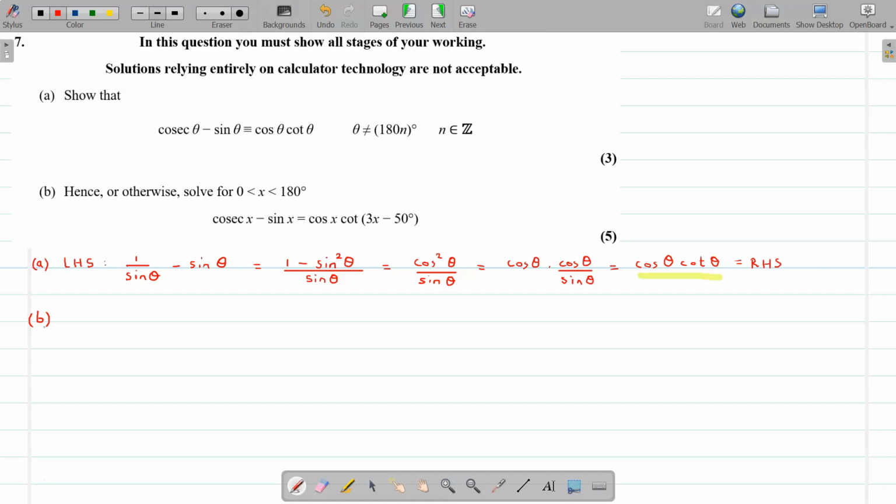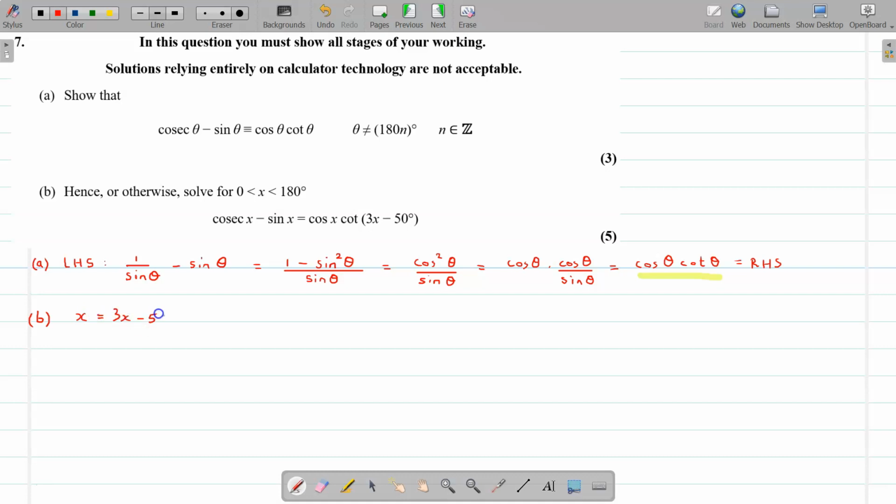So the first thing I would do for part B is this. If this is true, okay, and this is true, then clearly one solution is that x must equal 3x minus 50.